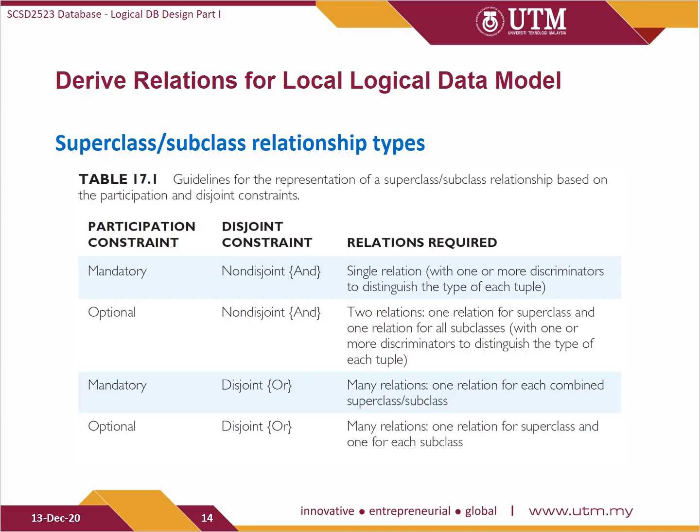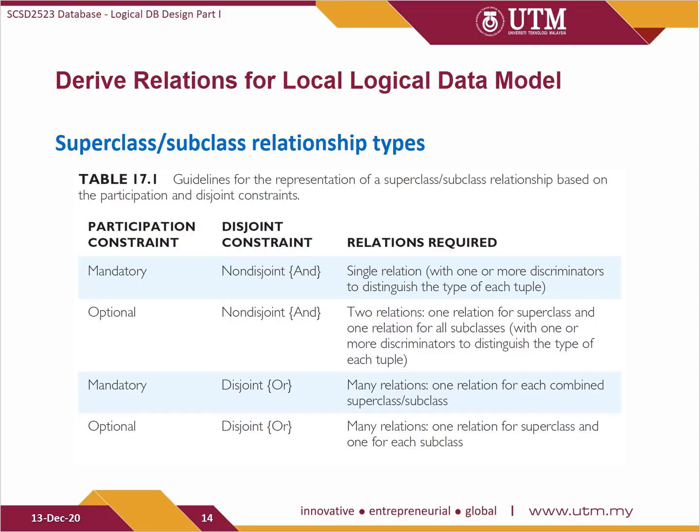And for superclass-subclass relationship types that have mandatory and or constraints, we produce many relations depending on the number of subclasses, where we create one relation for each combined superclass-subclass. And lastly, for superclass-subclass relationship types that have optional and or constraints, we also produce many relations, one relation for the superclass and one for each subclass.